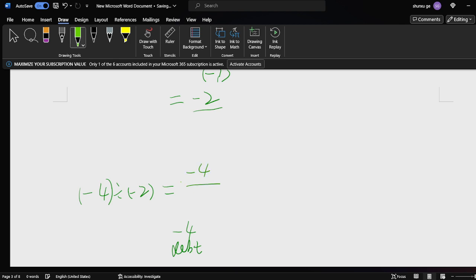So -4 divided by -2. We write -4 divided by -1 times 2. For the first part, we take the negative here, we put -1 here, we don't change them. And this part, -4 divided by 2, we know that is -2.